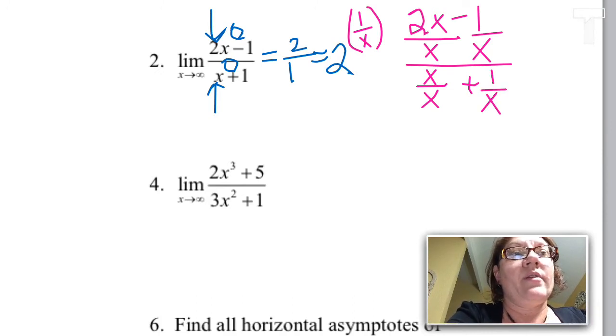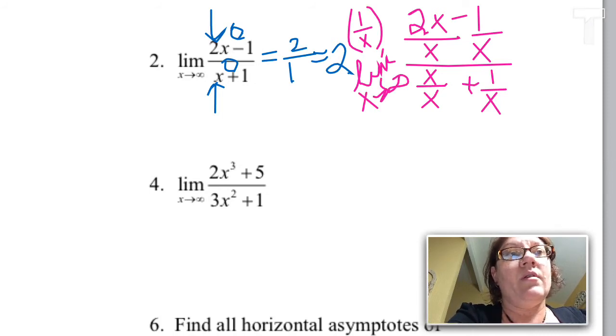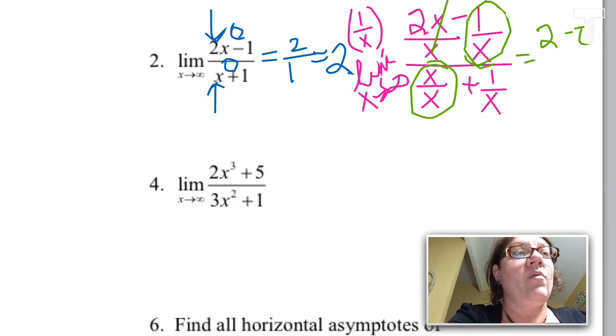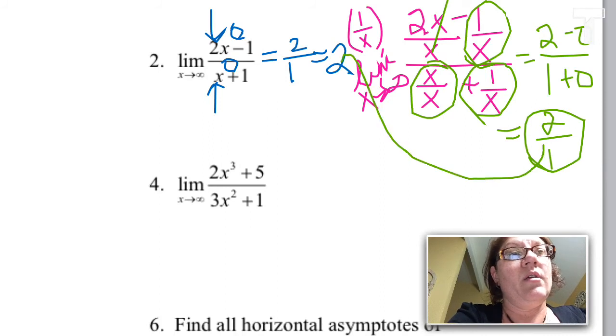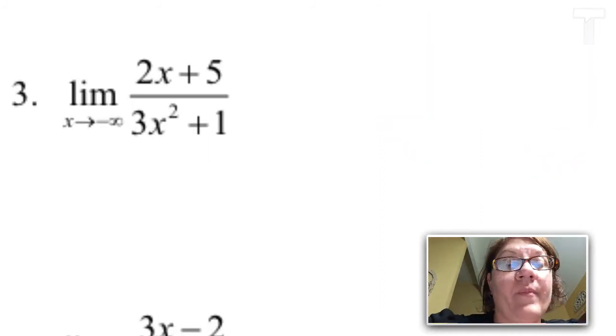And of course, as x goes to infinity, this beginning piece, these would cancel and I'd be left with 2. This second piece will turn into a 0. This beginning piece will turn into a 1 and another 0. So I'll end up with 2 over 1, which is 2.